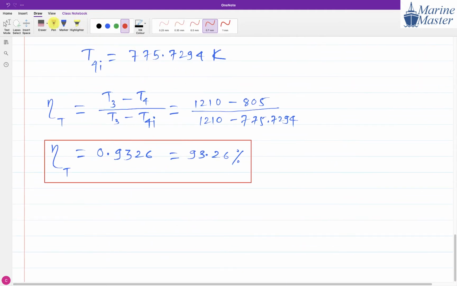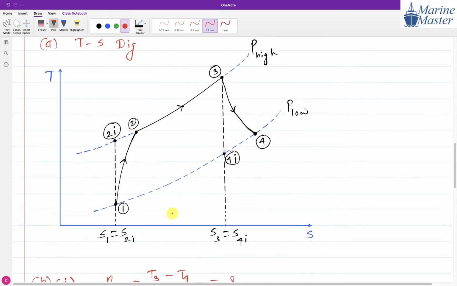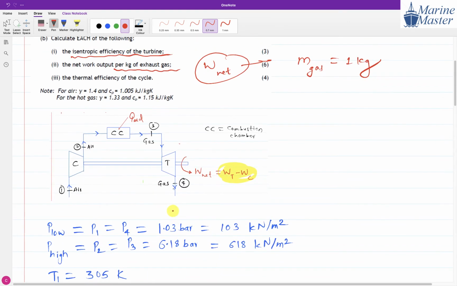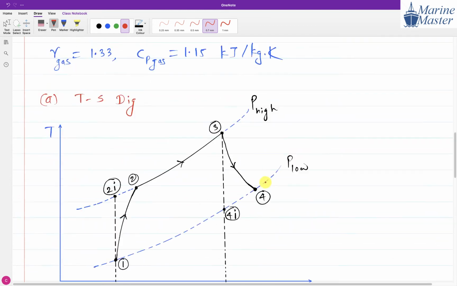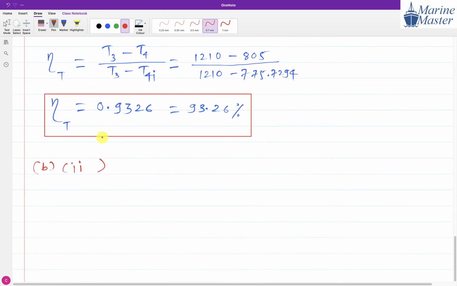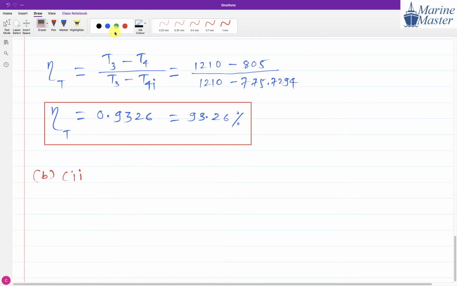So now what is our target here, guys? In the second part, we have to find out W net, the work output per kg of exhaust gas. First of all, I will write down the target: W net.